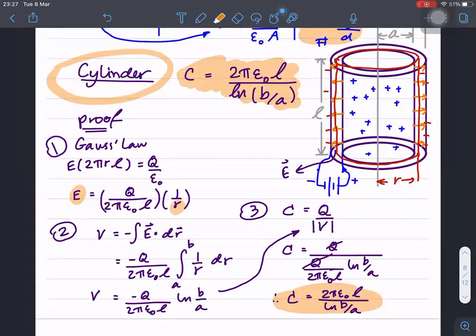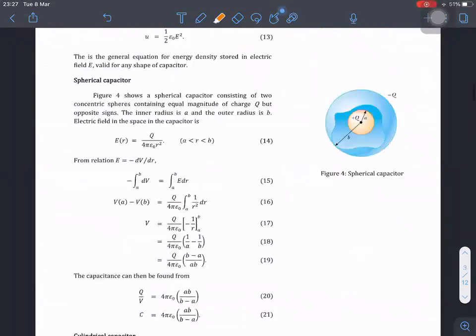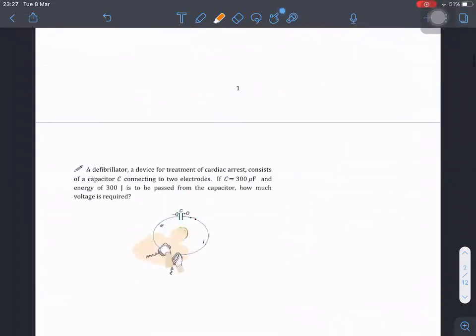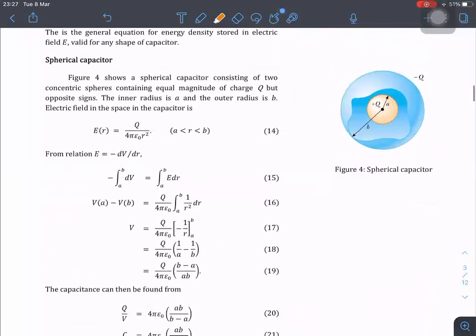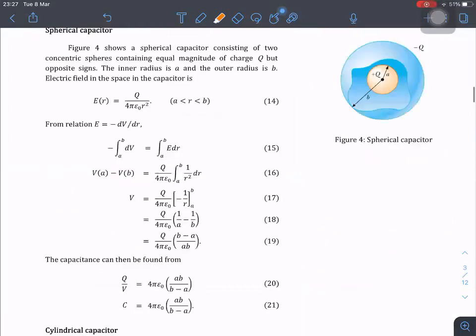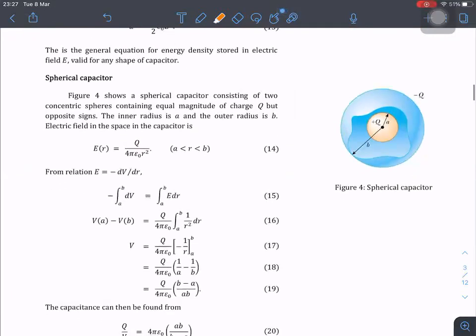I will let you do the one with spheres as homework, but it's not so difficult. You can follow the steps for finding the capacitance of spherical capacitors on the third page of your handout. They contain the integration steps, which you can follow pretty easily.